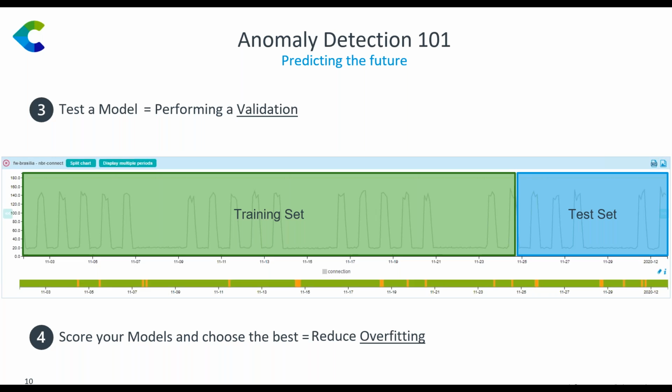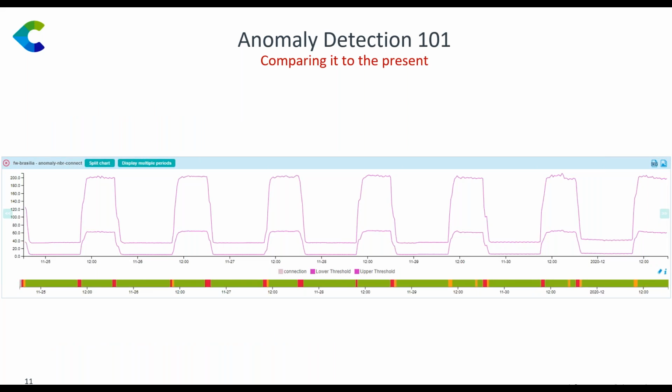And so now that we have looked in the past and we have predicted the future, the next step obviously is to compare this prediction to the present. So here we are, from the prediction taken once again from our example on our website. And the first thing we will do is set an acceptable deviation. So the idea is, the algorithm says, I expect something around 140, for instance, during office hours.